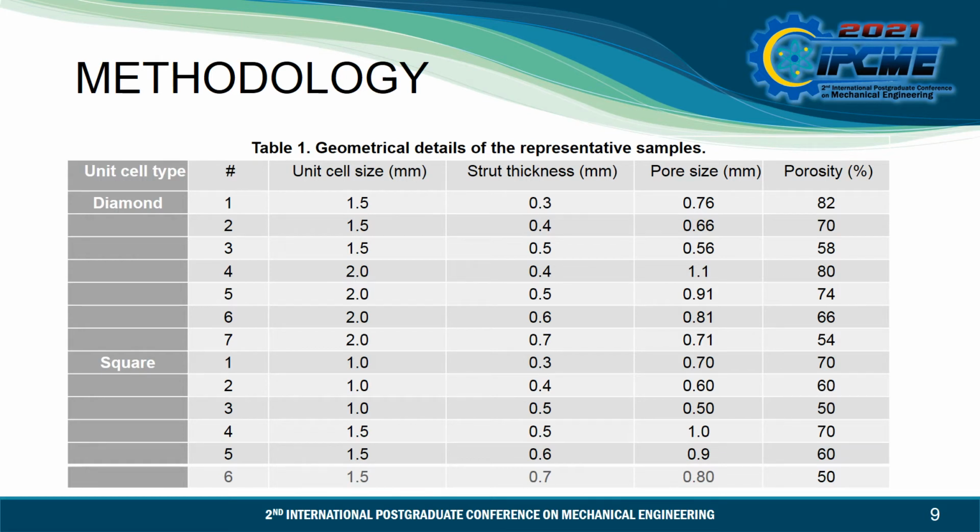Unit cell size for the diamond ranges from 1.5 to 2 millimeter, and 1.0 to 1.5 millimeter for the square, and the strut thickness ranges from 0.3 to 0.7 millimeter for both diamond and square unit cell types. The pore size ranges from 0.56 to 1.1 millimeter for the diamond, and 0.5 to 1.0 millimeter for the square, and the porosity ranges from 58 to 82% for diamond and 50% to 70% for the square unit cell type.